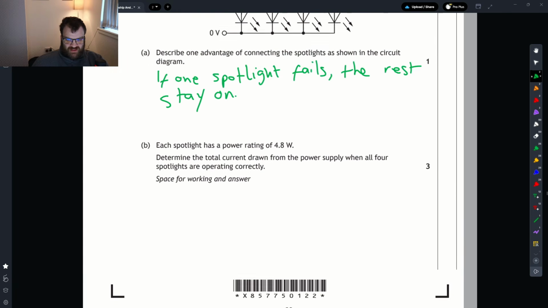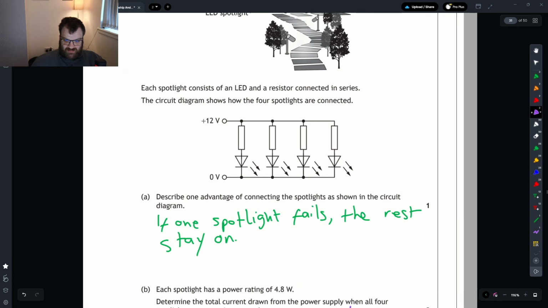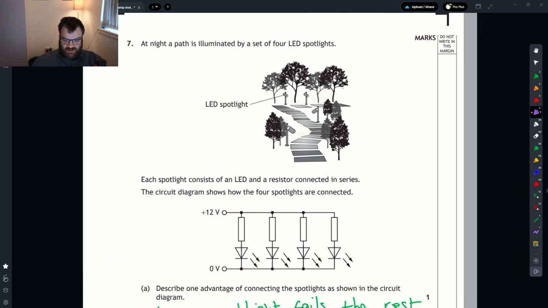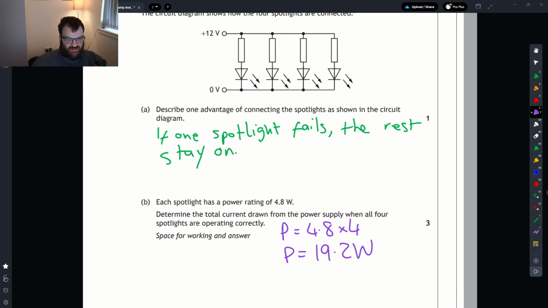Next one, we're talking about each of their power supply total current. Okay, well, if each one has a power rating of 4.8, power is going to equal 4.8 times 4, 19.2 watts. And to work out the current, we also need voltage, which we've got up there is 12.